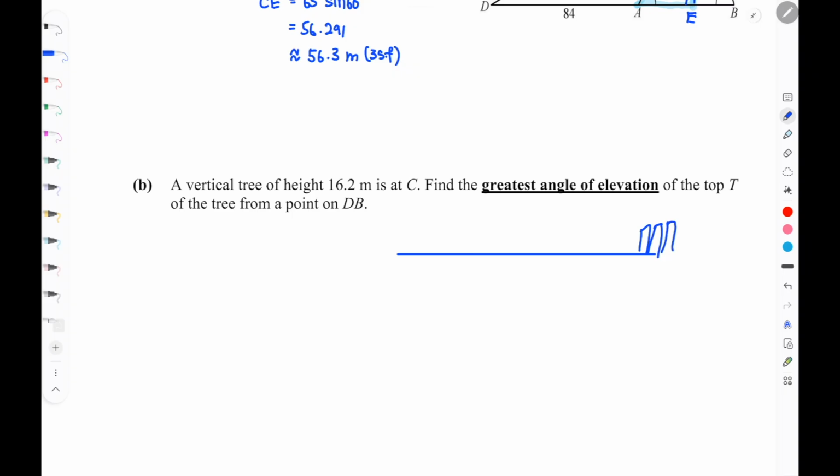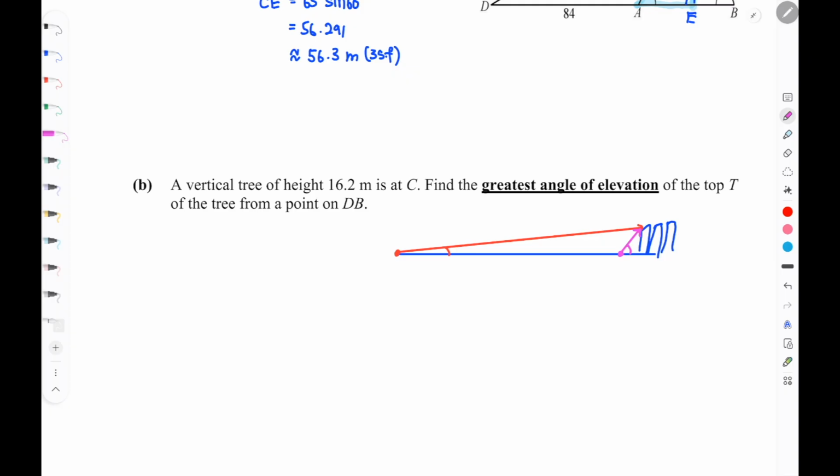When you stand very far away, say I stand over here, I look at the top of Marina Bay Sands. It looks something like this. Okay, and this is my angle of elevation. I compare it to when I stand very close, let's say at this purple dot. I look straight up. Do you see that my angle of elevation is way greater? Okay, so to find the greatest angle of elevation, I have to go as close as possible.